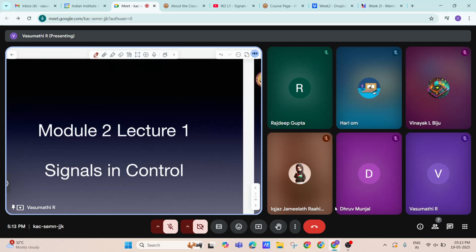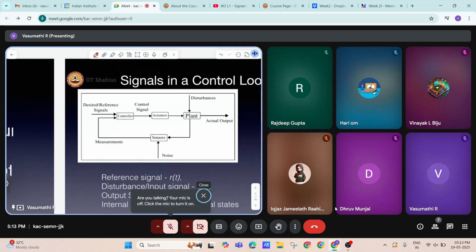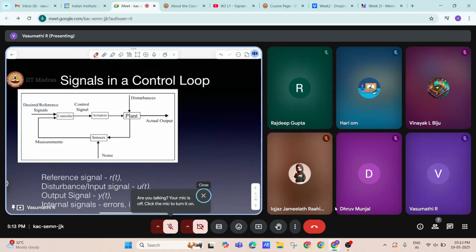For an introduction, I am going to start with the last week content, where you are familiar with this control loop setup, right? There will be a reference signal. Control systems can be classified as open loop, where there is no feedback loop. You give only one input and you expect one output to come out of the system.